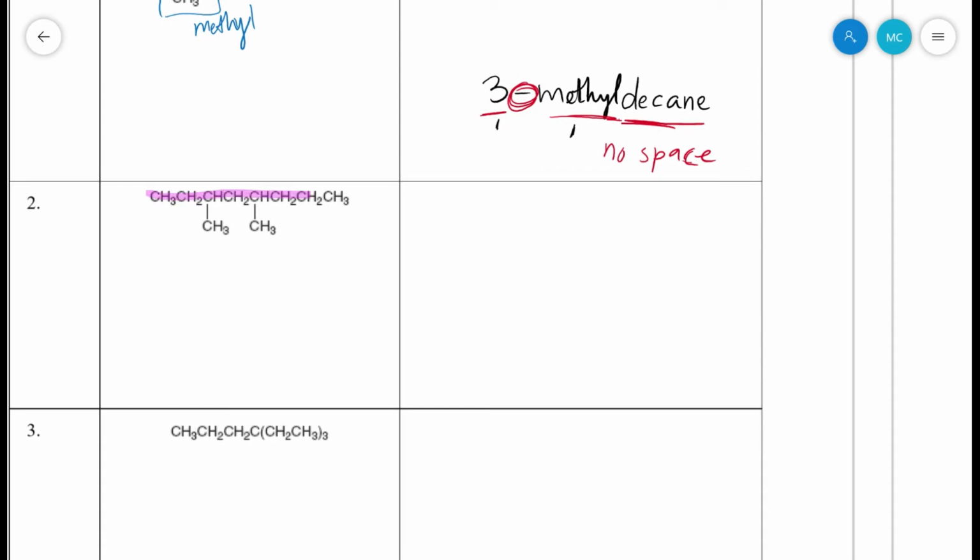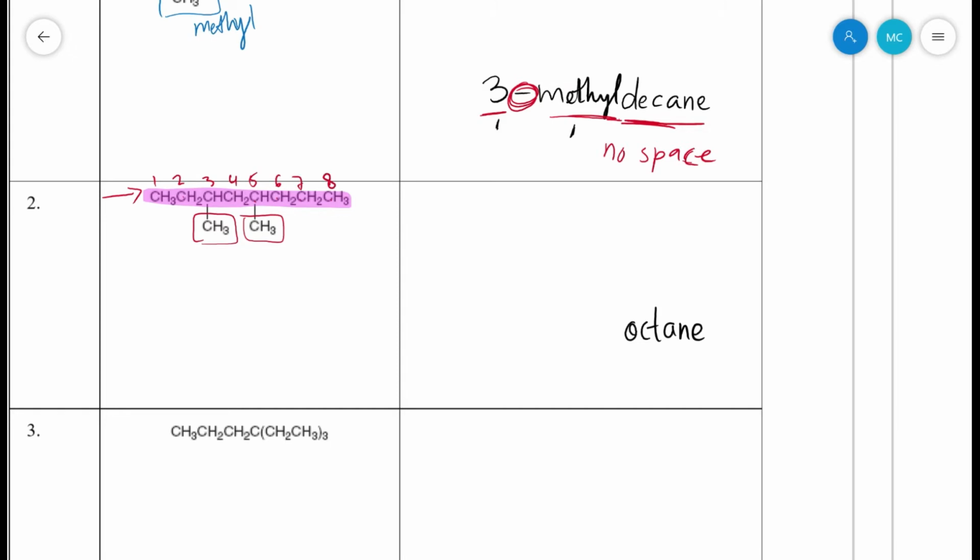Here, the longest carbon chain is pretty obvious, right? So it is highlighted like that. And there are actually 1, 2, 3, 4, 5, 6, 7, 8. So 8, oct, with the ending of A-N-E, octane. And the way you would label this is from the left to the right, because it will be the shortest way to hit the 2 substituents. 1, 2, 3, 4, 5, 6, 7, 8.